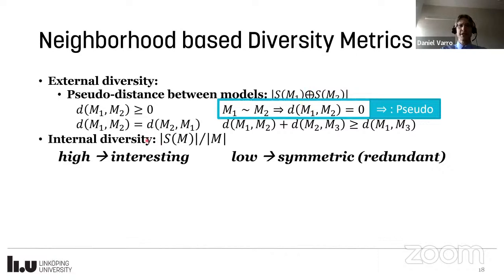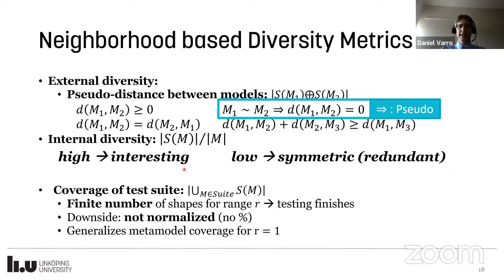For internal diversity, we measure how diverse a single model is in itself. We calculate the number of shapes and divide this by the size of the model in a certain sense. Then we wish to derive a suite, a set of graph models, in a way that we are maximizing one or the other diversity metric. That's, I think, the high-level idea related to diversity and the realistic nature of models.